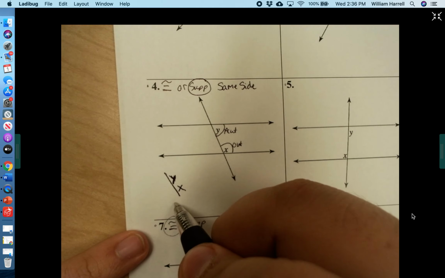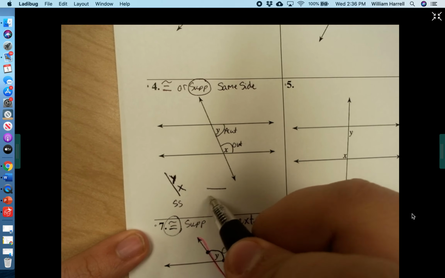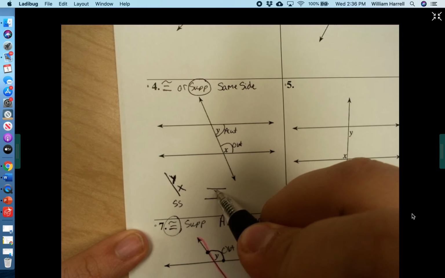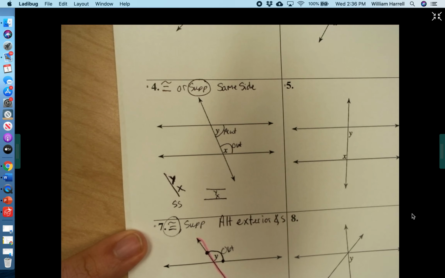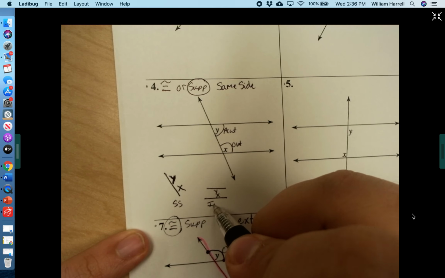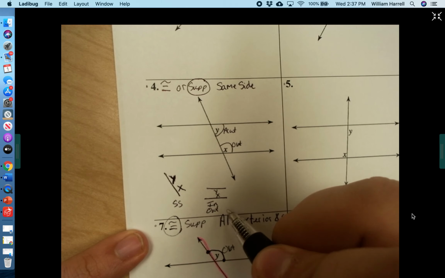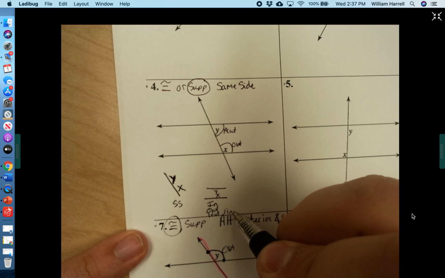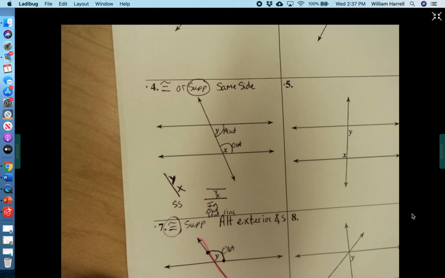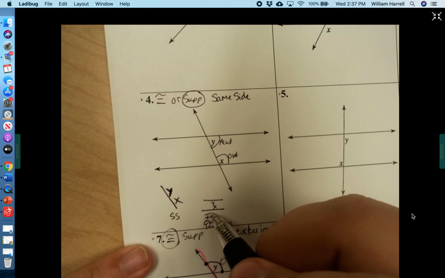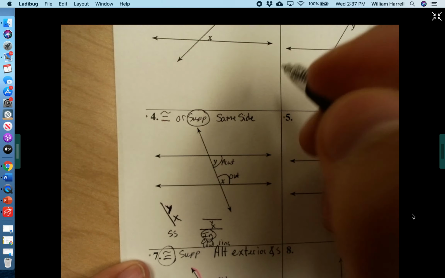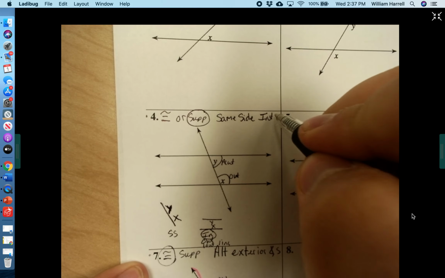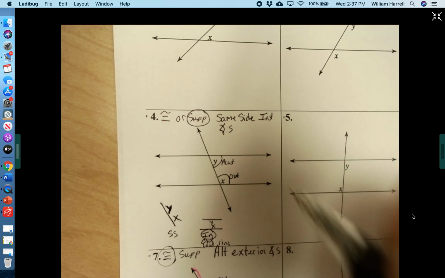Now, parallel lines, y is here, x is there. So are they both inside? Are they both outside? Or is it like one outside, one inside? They're both inside, so they're interior angles.